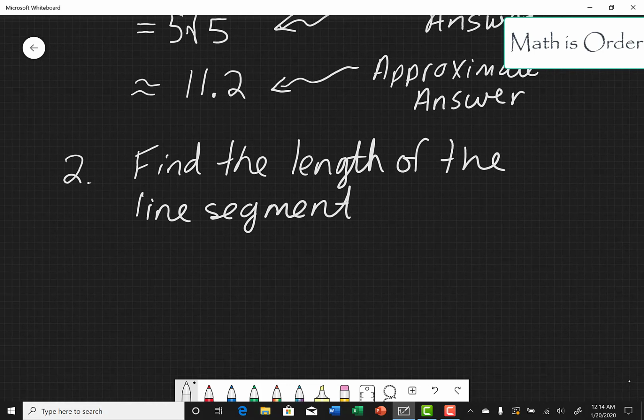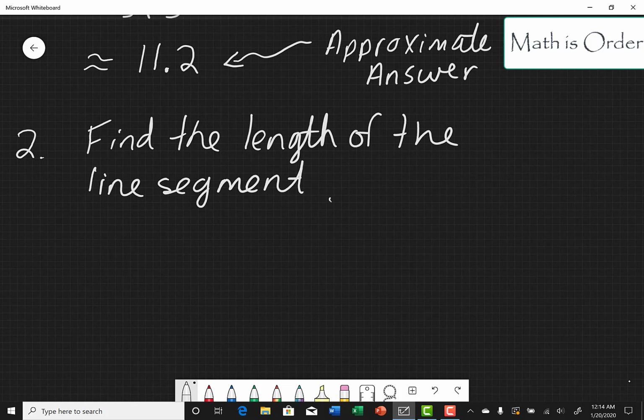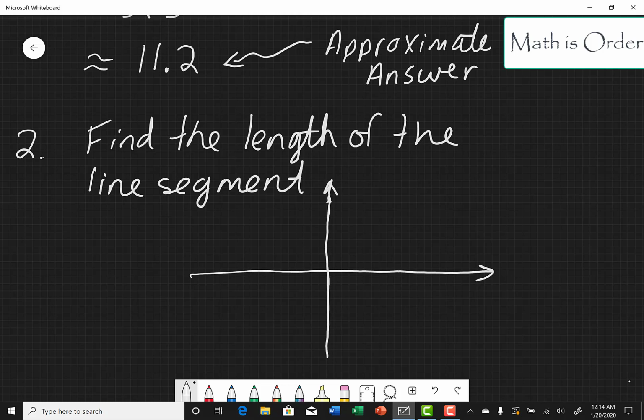So let's say they're going to give us a line segment. They don't give us points this time. They give us a picture. Doing my best to make this coordinate plane look accurate. All right, mark off some values here.